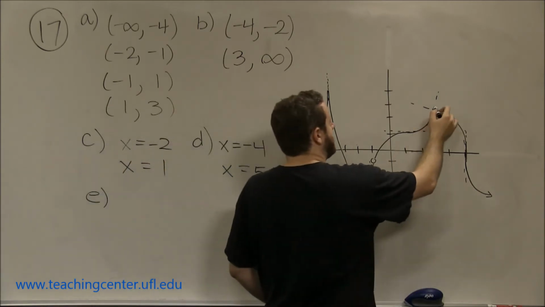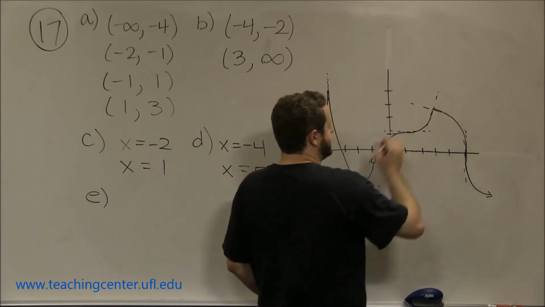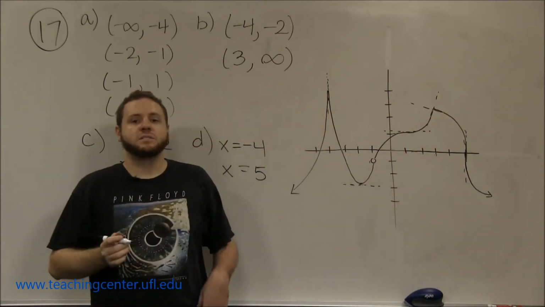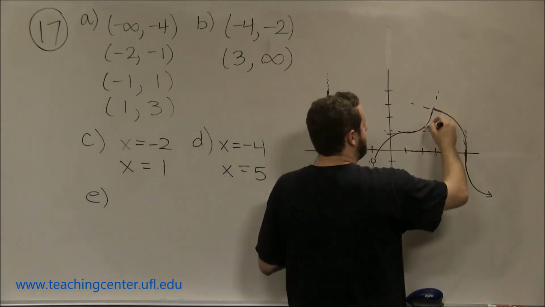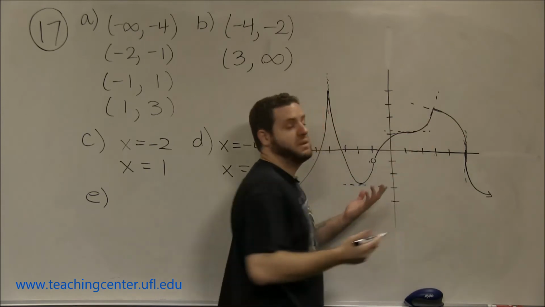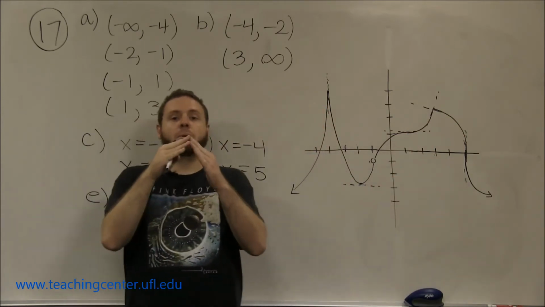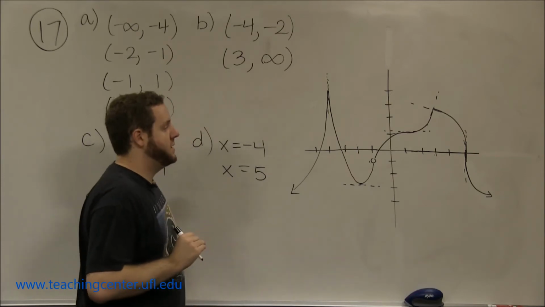This corner point is definitely continuous because the function meets the y values at the same point. However, the slopes do not approach the same thing. From the left side, our slope is some positive value. From the right side, our slope is some negative value, and they just meet abruptly. Not the same slope from each side, so that's not differentiable either.